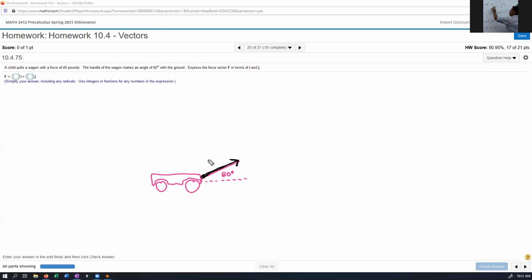The force is 40 pounds, so we can visualize that by making the length of that vector 40. So we have a vector that has a length of 40 and is 60 degrees with the ground like this. And they want us to express this force vector, which they're calling capital F, as something i plus something j.